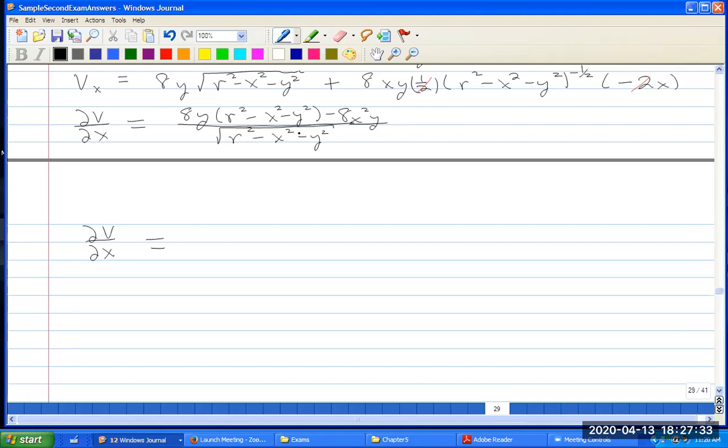This is just going to equal 8r squared y minus 8x squared y minus another 8 gives you minus 16x squared y minus 8y cubed over the square root of r squared minus x squared minus y squared.